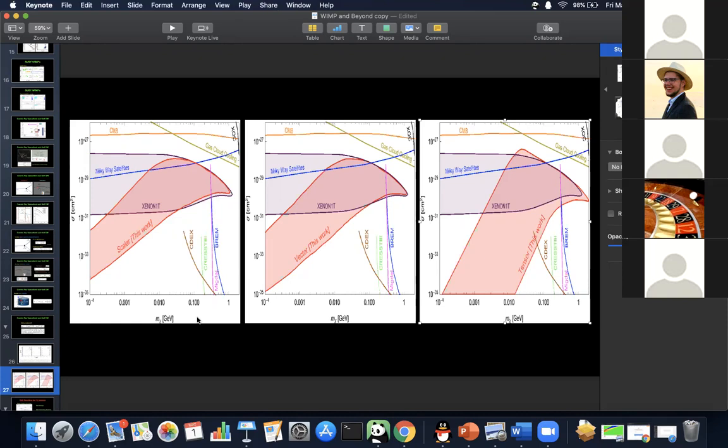There are some studies on this topic, but I'm not sure whether the neutrino or the future neutrino experiments can give similar or stronger limits. I don't know. I'm just curious about these things.